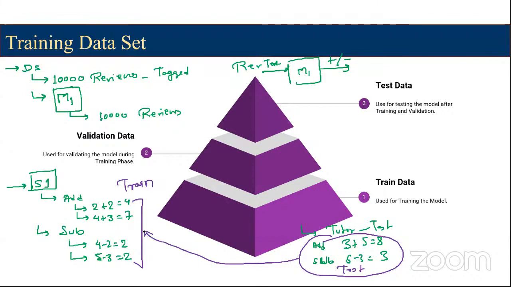So if we compare these, what is this test data set? If S1 is the model, it's unseen to S1, and it's also similar to the data which we have used while training, or call it tutoring. Okay, so this is what we always need to keep in our mind whenever we evaluate a model.